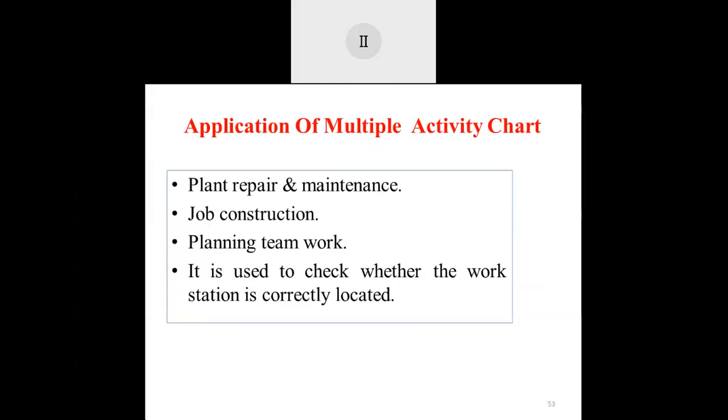You can plan the job construction, the teamwork can be planned. Also we can check whether the workstation location is correct or not.